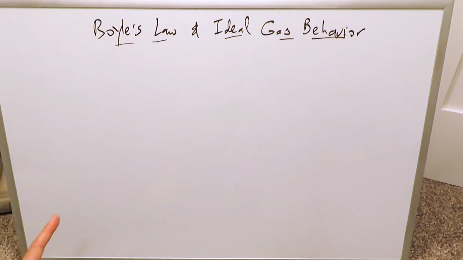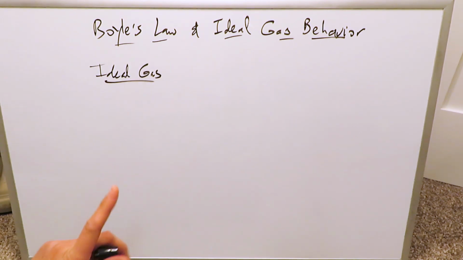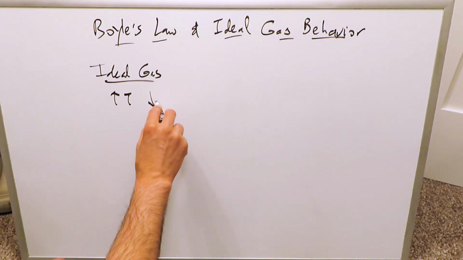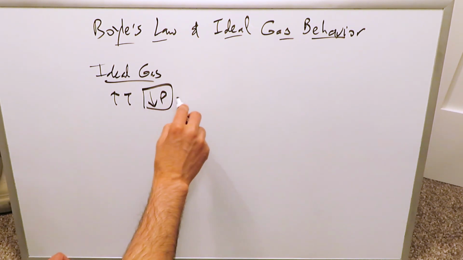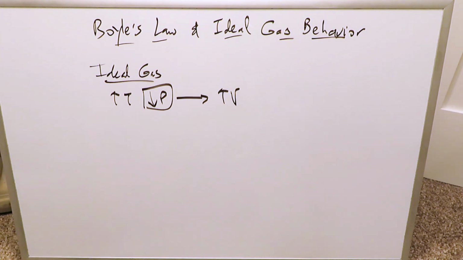Given that in mind, how does Boyle's law relate to ideal gas behavior and non-ideal gas behavior? Think about an ideal gas. Ideal gas is that gas which exists under conditions of high temperature and low pressure. The key point over here is this: low pressure. This will signify by means of Boyle's law you will have high volume.